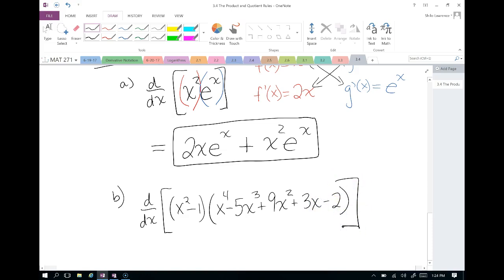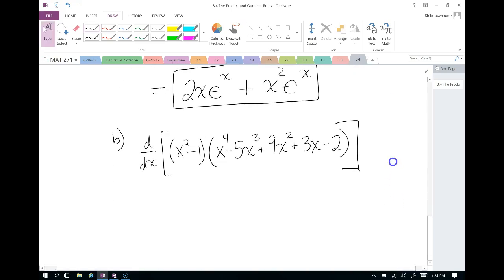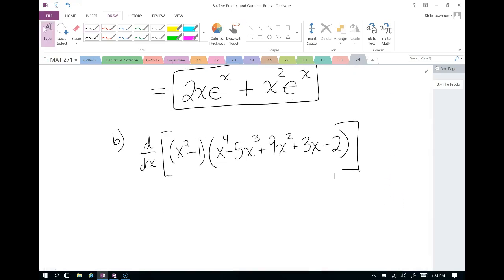So we want to take the derivative of x squared minus 1 times x to the 4th minus 5x cubed plus 9x squared plus 3x minus 2. It's definitely a product of two functions of x. We can see our two functions here being multiplied together.